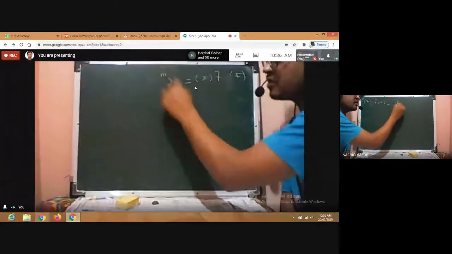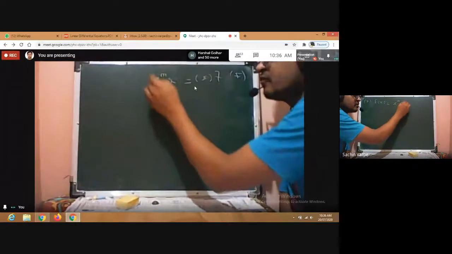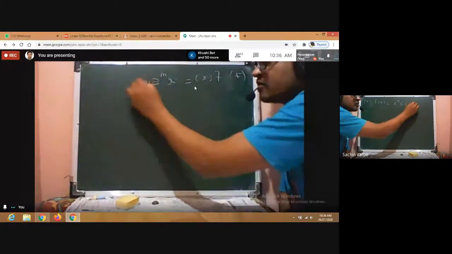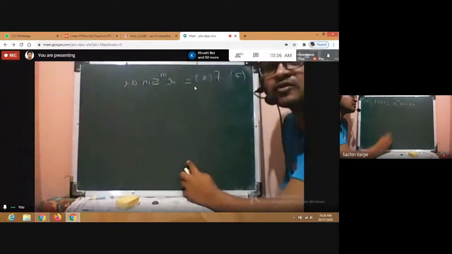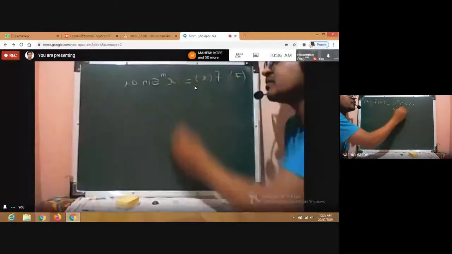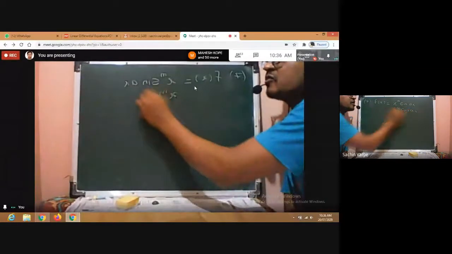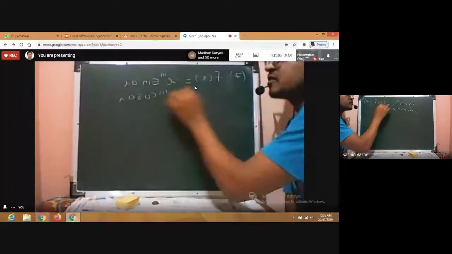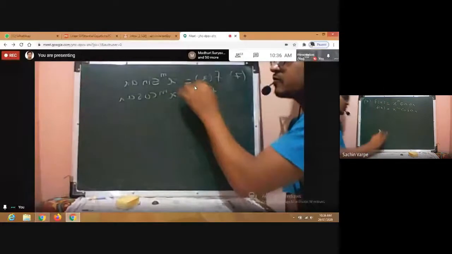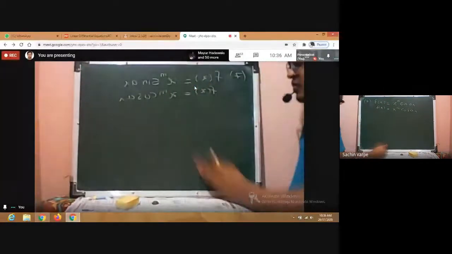In particular, f(x) is x^m, whatever the power of x, but that v will be sin ax only, x^m into sin ax, or x^m into cos ax. So this is the last case of shortcut.